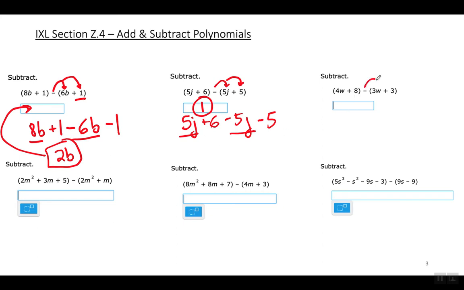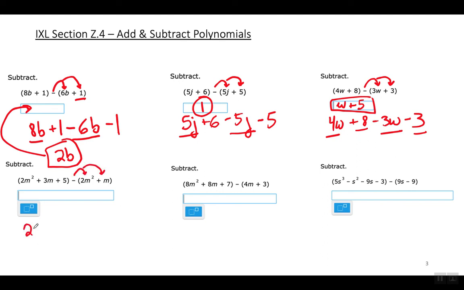Okay, over here, again, distribute the minus sign whenever you're subtracting to every single term. So I'm going to have 4w plus 8 minus 3w minus 3. Okay? When I do that, 4w minus 3w is w, and 8 minus 3 is positive 5. So that's my answer. All right, over here, I'm going to distribute my minus sign.